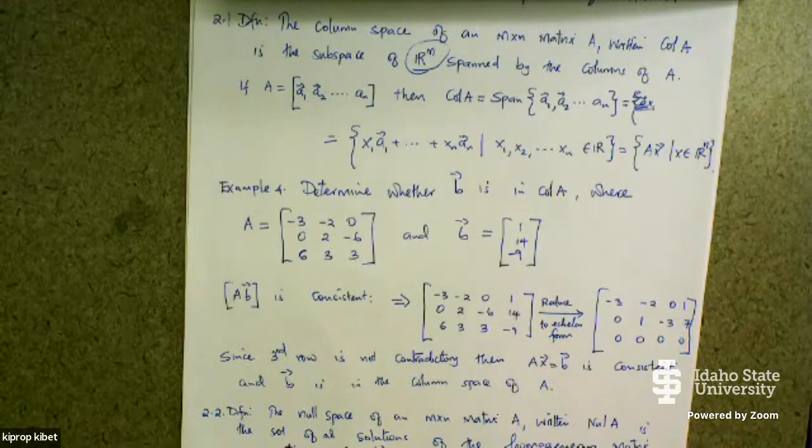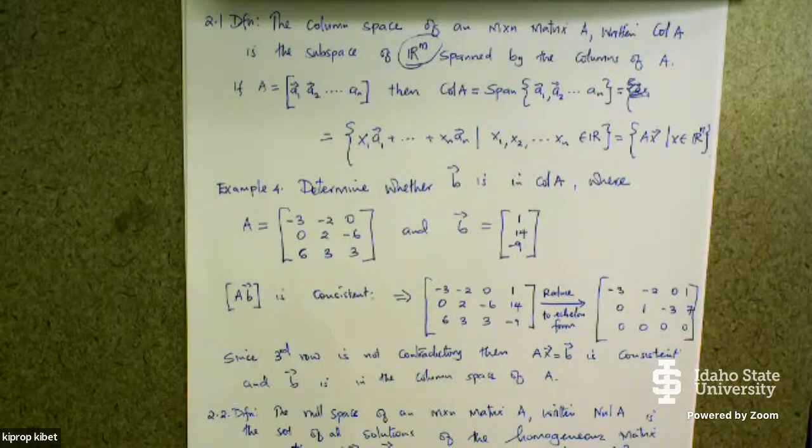It is the solution of the homogeneous matrix equation, where homogeneous means Ax equals 0. That is, Nul A equals the set of x in R^n such that Ax equals 0.